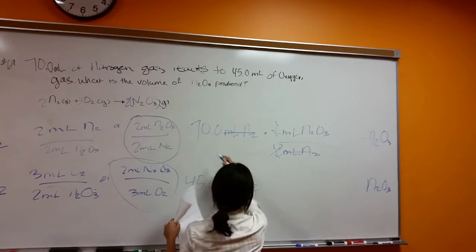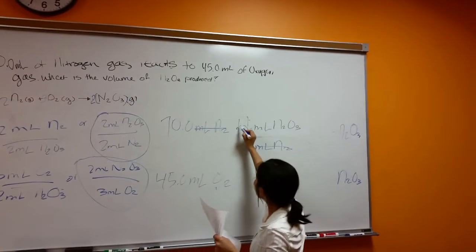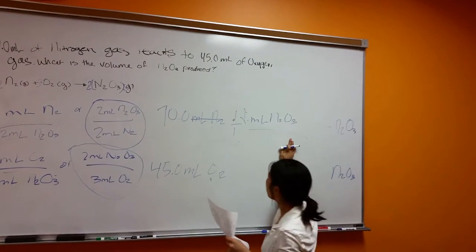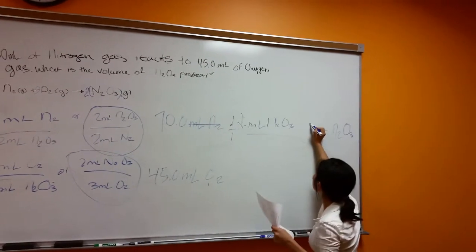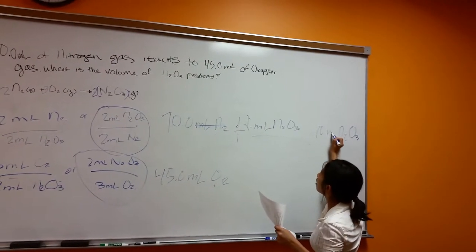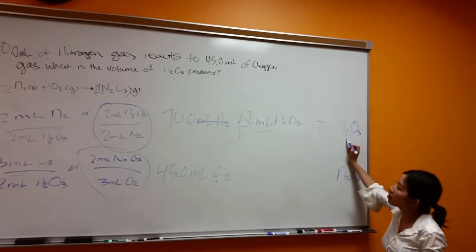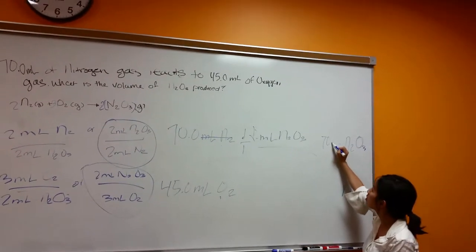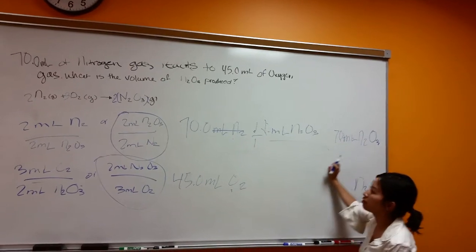And from that, I just times across, because right now it's just 1:1. So the whole bottom denominator is gone. What is remaining is 70 ml of NO2.